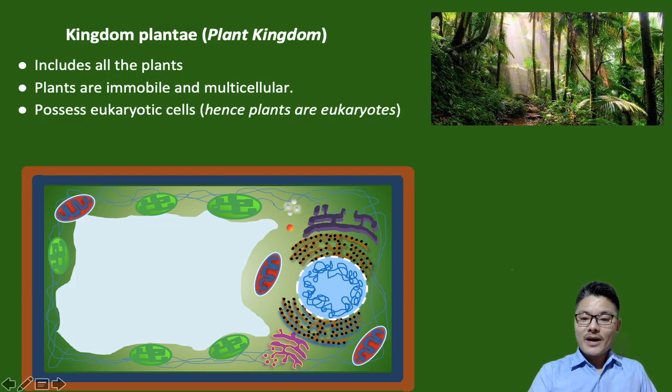When the cell is about to divide, then we are able to see these tiny thin thread-like structures called chromatin in the form of chromosomes. And at the center, we are able to see a dark region, and this dark region is nucleolus. Now, this nucleus which is present in plant cell is well defined, well separated from cytoplasm.